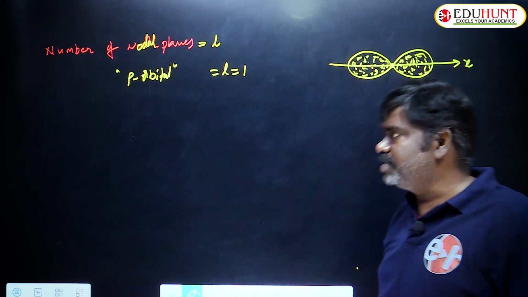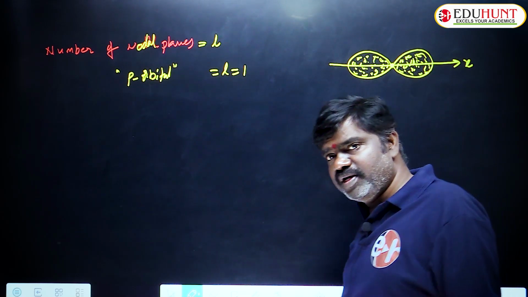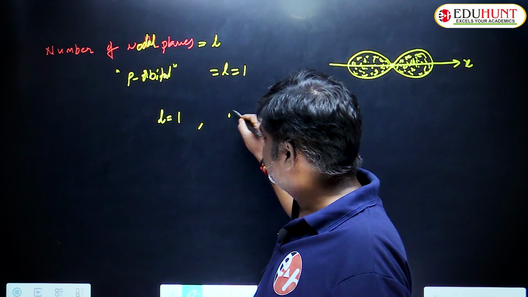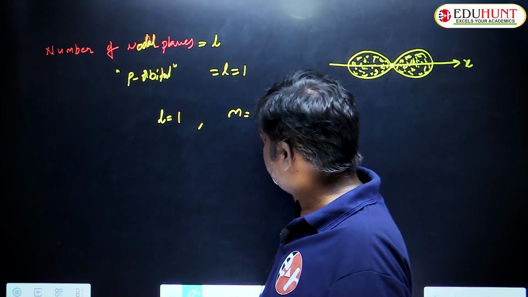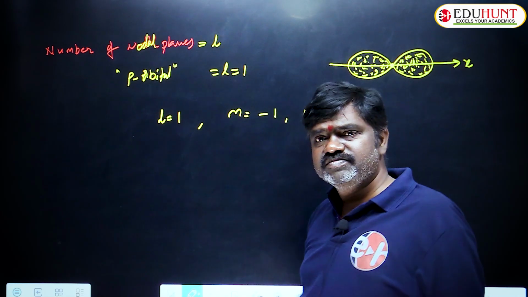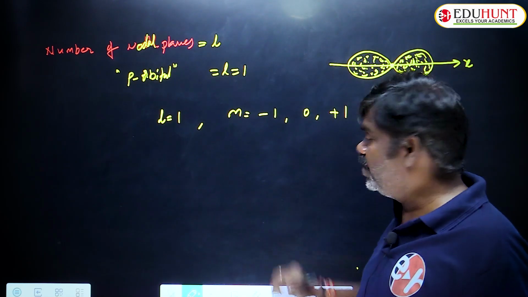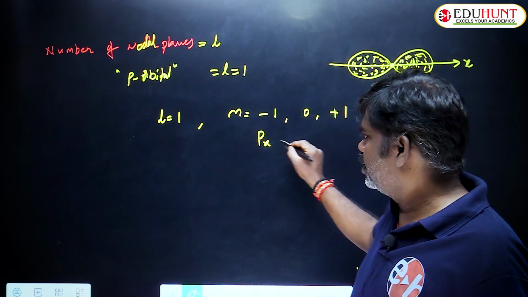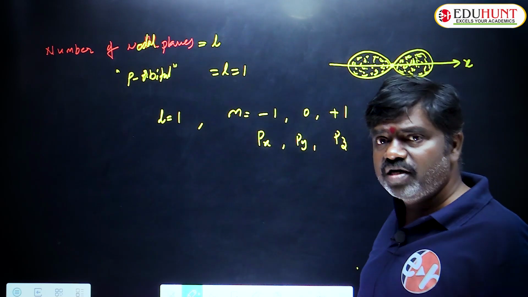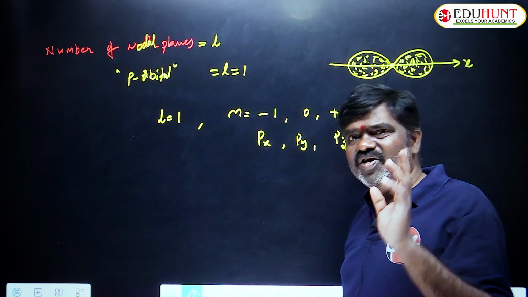But what the magnetic quantum number explains: if l is equal to 1, then m is minus l, 0, plus l, so 3 orbitals are present: px, py, pz. All have only one nodal plane.